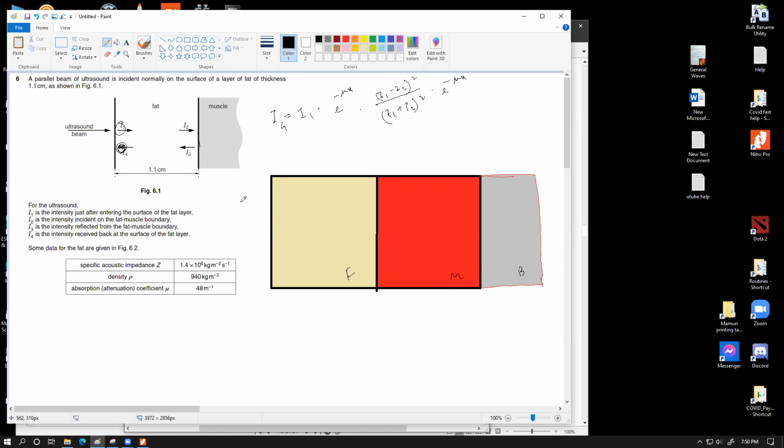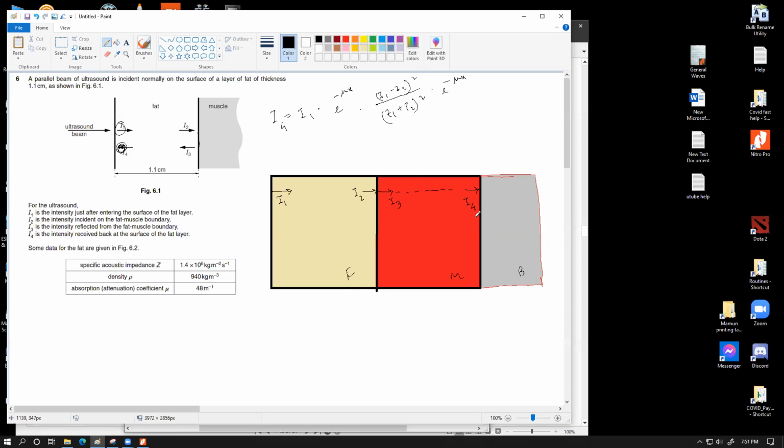So let's say the entering intensity is I1. As it comes in over here, let's say it hits over here at an intensity of I2. As it enters over here, let's say I'm naming this intensity as I3. As it traverses through this medium and reaches this boundary, let's say this intensity is I4.